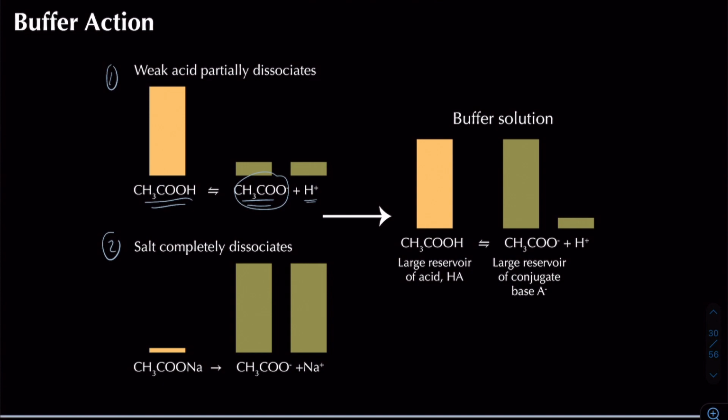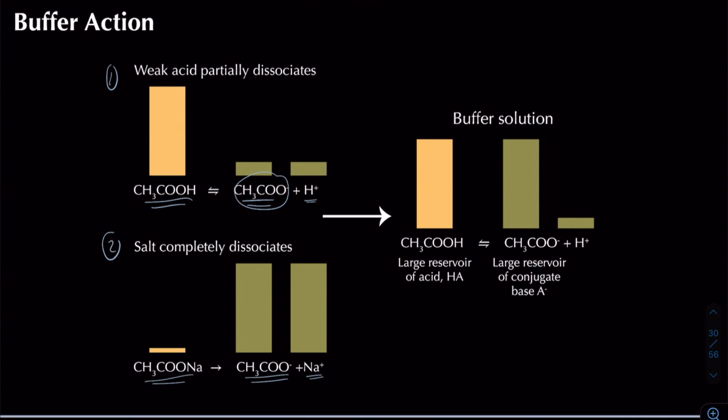Now if I look at the second solution, we've got a salt and that completely dissociates, and so you can see sodium ethanoate. It's matching in terms of its ion. We've got ethanoic acid, ethanoate ions, and so we've got sodium ethanoate, and what happens is this completely dissociates, and what we end up with is a very large reservoir of ethanoate ions and then sodium ions, which isn't really that important.